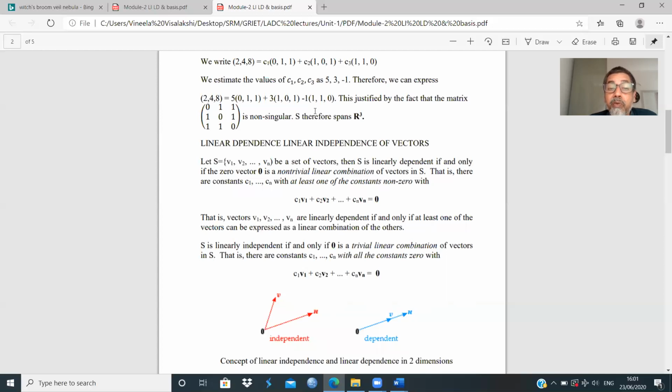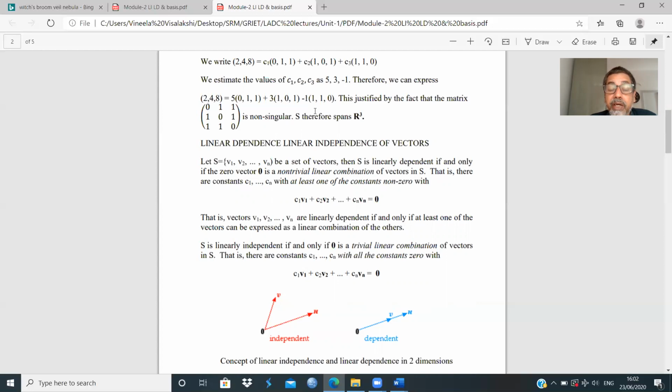If one finds that c1, c2, etc. cn are non-trivial solutions, that is at least one of them is non-zero, then the vectors v1, v2, etc. vn will form a linearly dependent set.